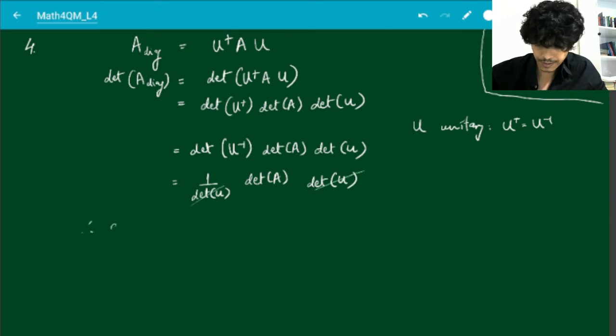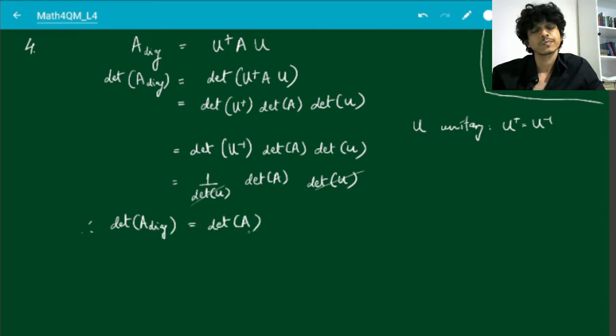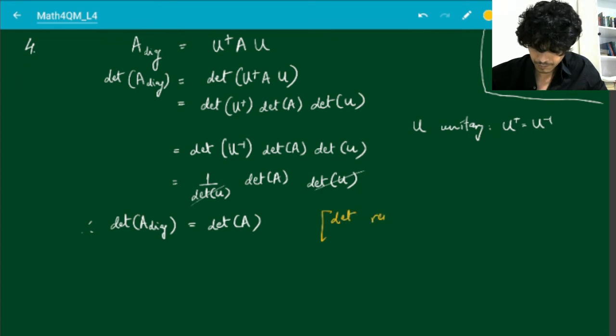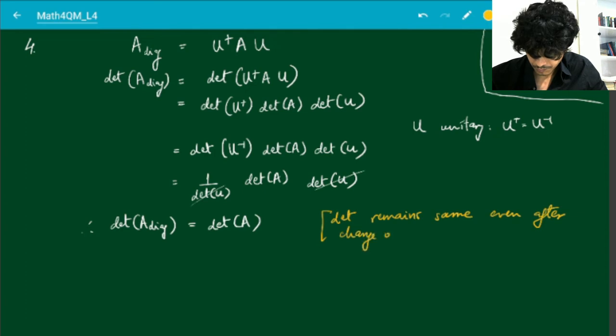Therefore the determinant of A diagonal is just the determinant of A. So when you do a similarity transformation, the determinant doesn't change, even after a change of basis.